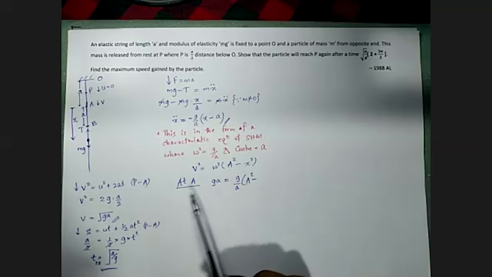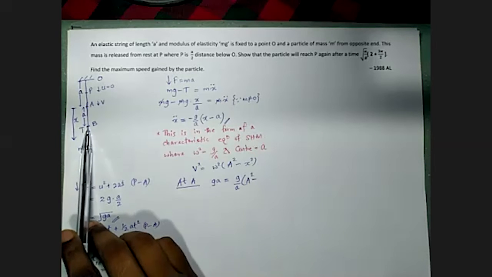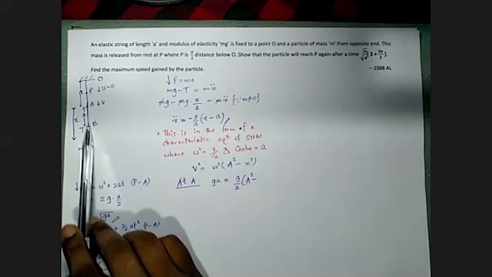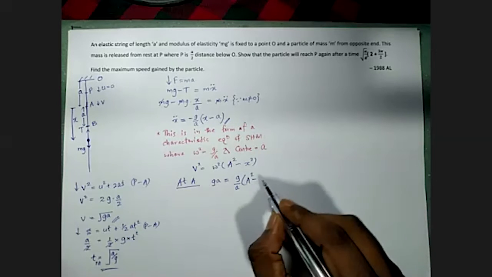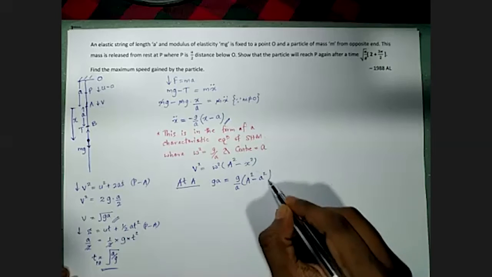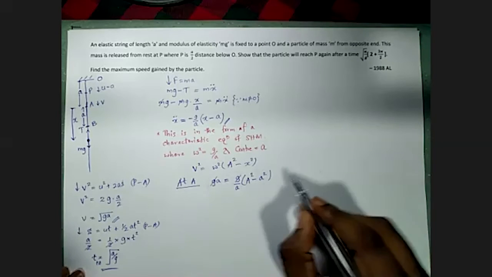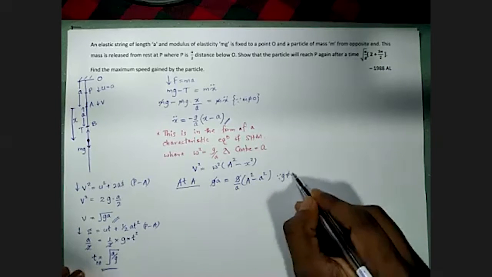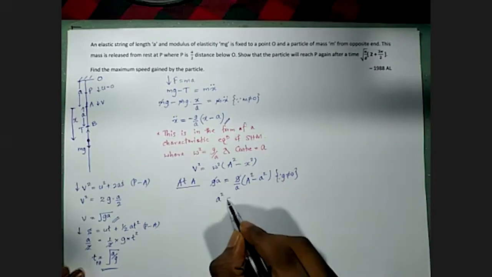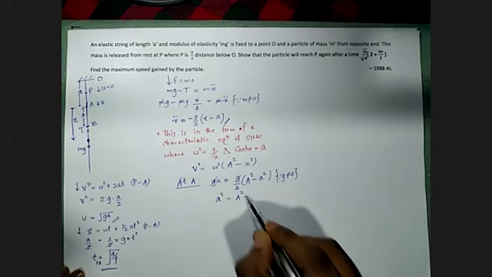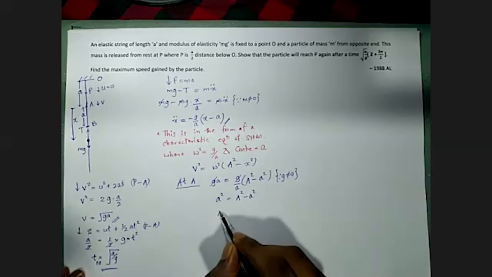Distance between center of our simple harmonic motion, this is the center point, to point A. What is the separation? It is simple A. Then we have to consider its square. G get cancelled. Once again, G not equals to 0. Cross multiply. We have simple A square equals capital A square minus A square.